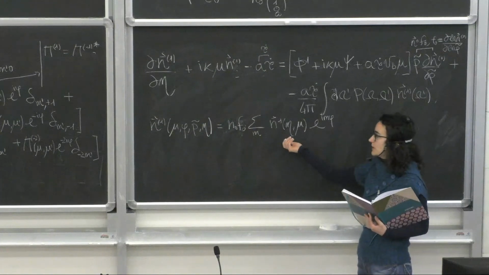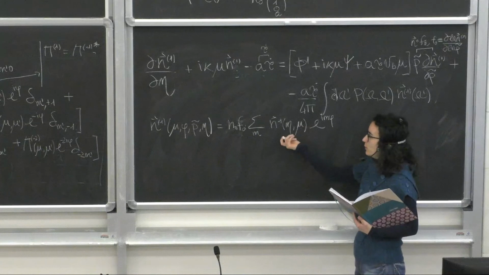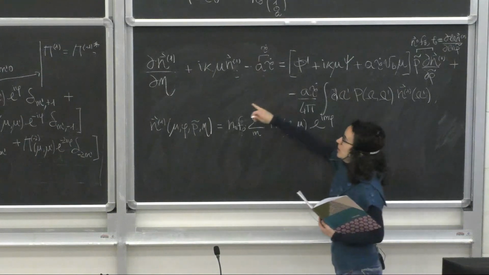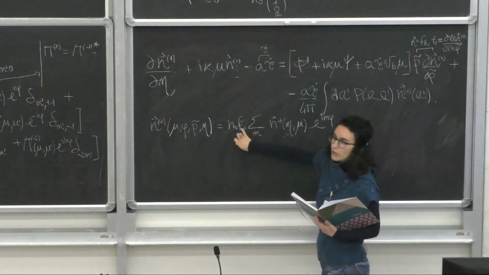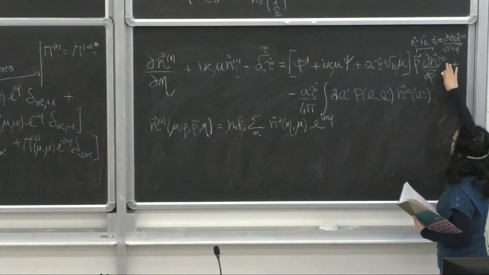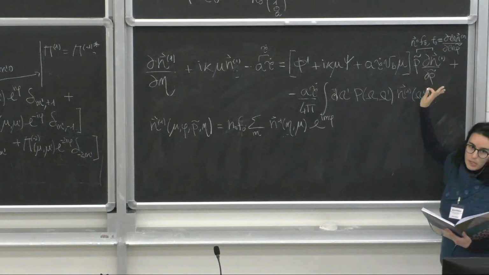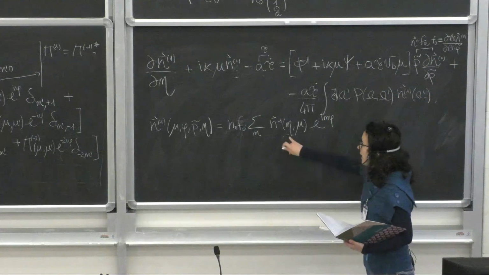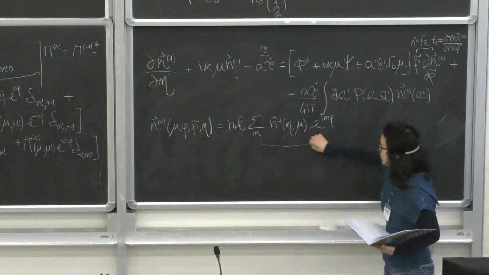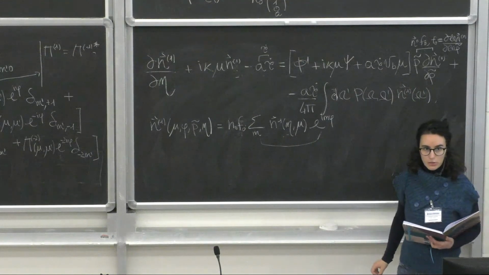Because when we insert this expansion into the full equation, we can factor out the N0, F0 term. So this will disappear from the equation and will simplify our notation. So we only remain with an equation for this expansion here.